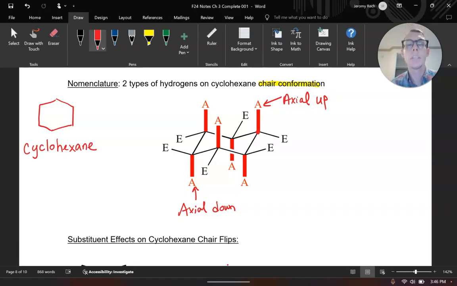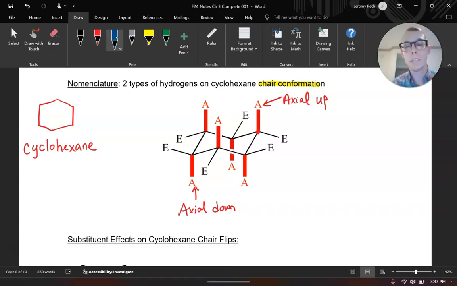The other position is going to be spread out because these are going to try to conform to a 109.5 bond angle, and that's why it actually folds up into this chair rather than sitting flat. If it were flat, it would be a 120 degree angle. So by puckering a little bit, it's able to maintain that 109.5 bond angle, and it has very little strain associated with it, which makes this a stable system.